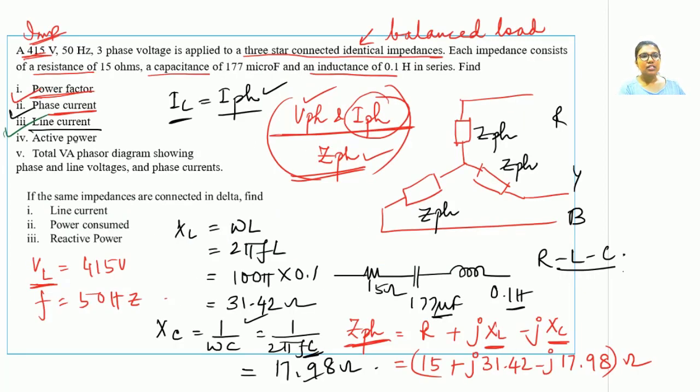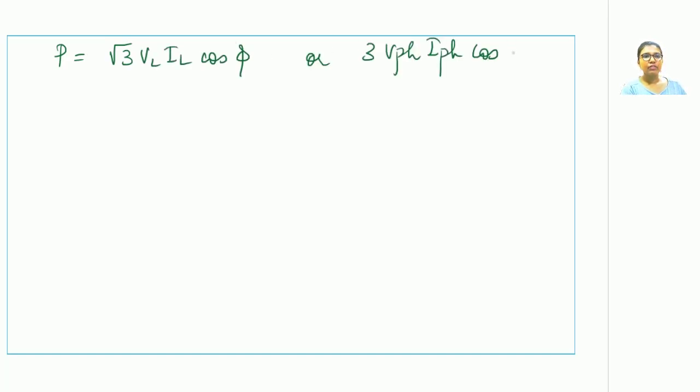The next bit is asking us to find out the active power. Active power refers to the real power, which is P. Let us see how to solve that. The value of P is given as either root 3 VL IL cos phi or 3 V phase I phase cos phi. Using this expression, substitute the values.